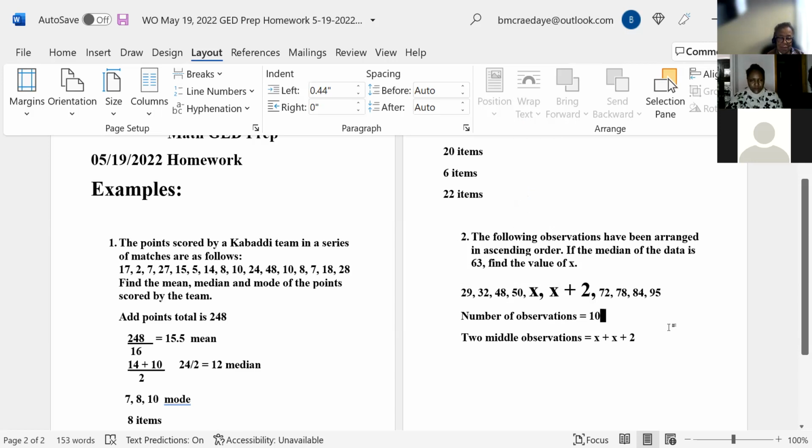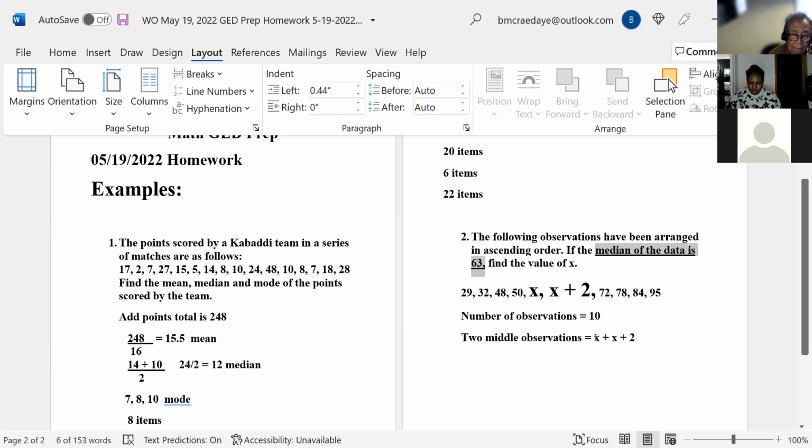Now, how do we find the median? We take this and divide by 2, and they told us the median is 63. So there we go. Median of the data is 63. Let's underline that. We can take these two middle observations, divide by 2, and set it equal to the median.